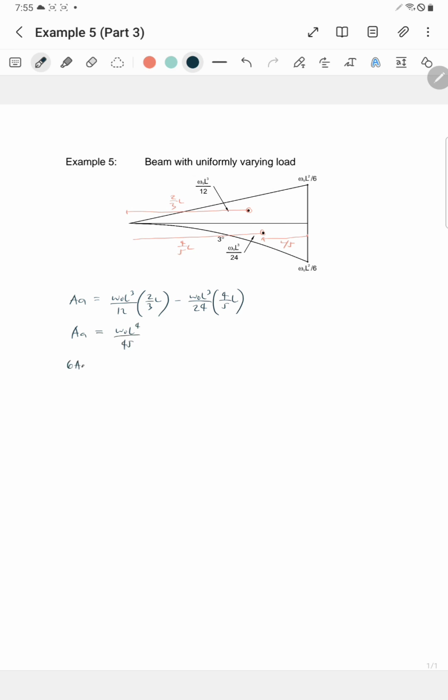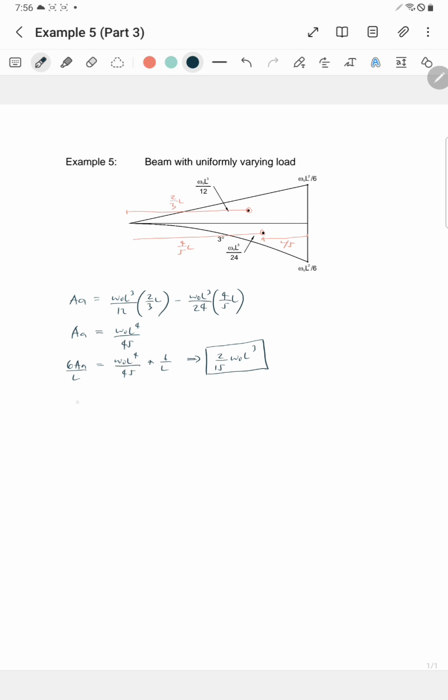So multiply the result by 6 over L. We obtain 2 over 15 WO L cube. So ito yung formula for 6AA over L ng triangular load.